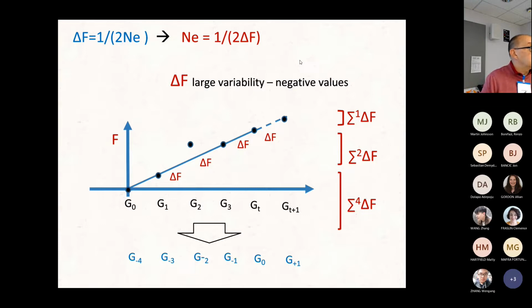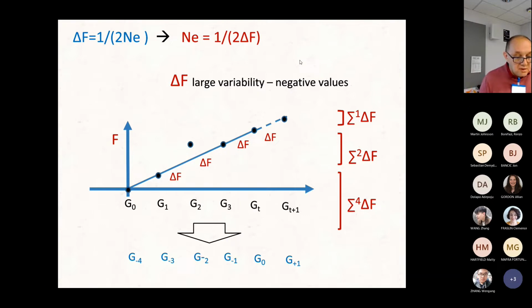Your estimates are not stable, or confidence intervals are very, very long. At one step, inbreeding can also go up and down. So if you see in this formula, if you get a negative delta F, then you are not able to estimate effective population size, or the estimates go to infinity.